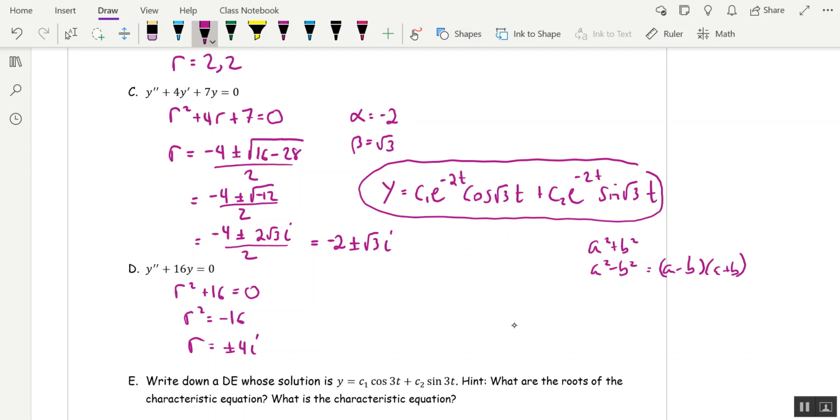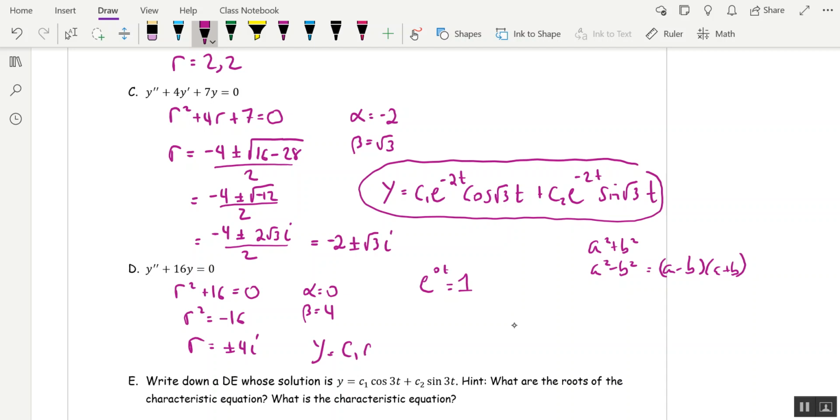So in this case, solving a characteristic equation that looks like that is super easy. Plus or minus 4i. So alpha is 0 and beta is 4. That's all you need to know. And then we plug in. Y equals c1 e to the 0t, which is 1, so I'm not going to write down e to the 0t.